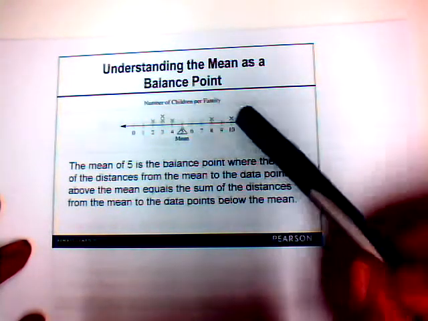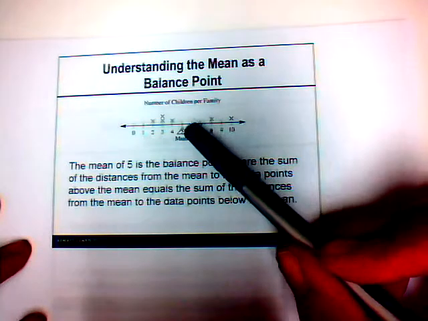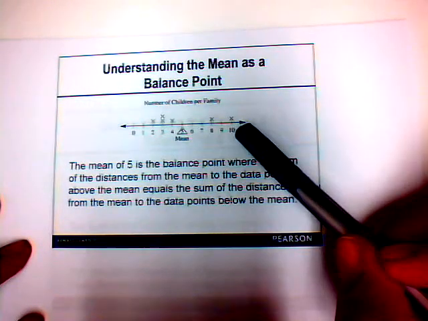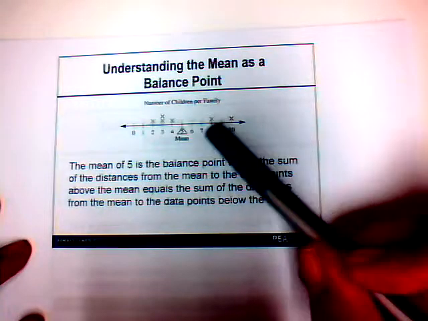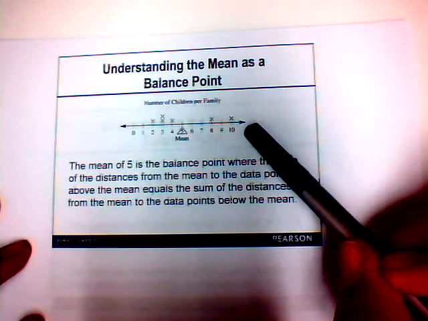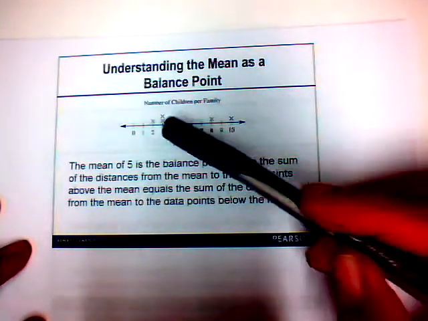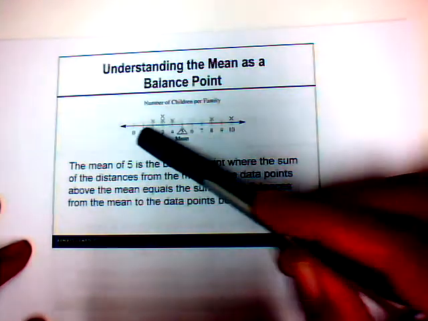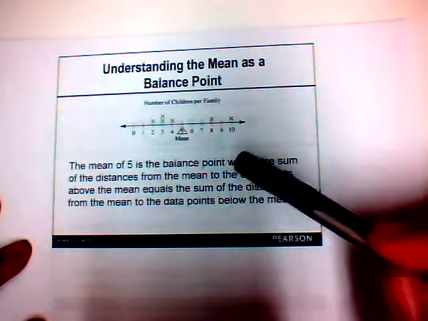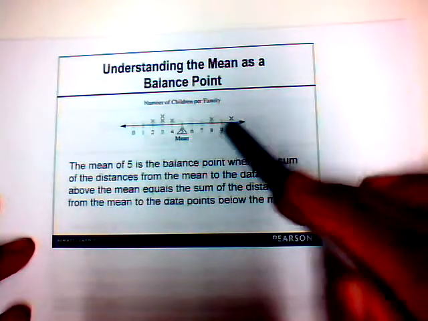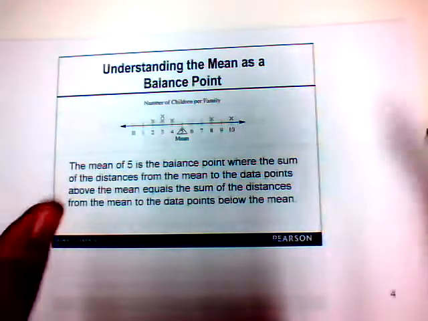The sum of the distances above has to be the same as the sum of the distances below, because the distances above have to equal the distances below.